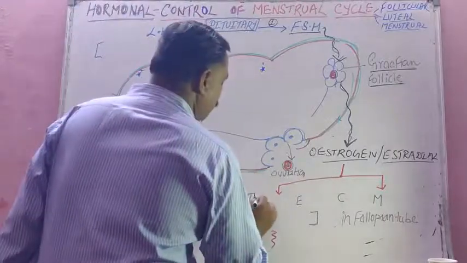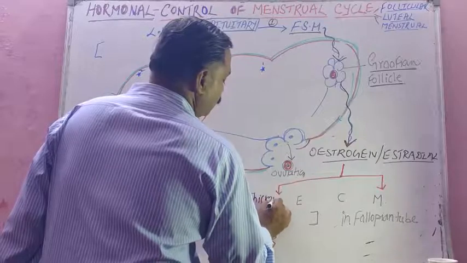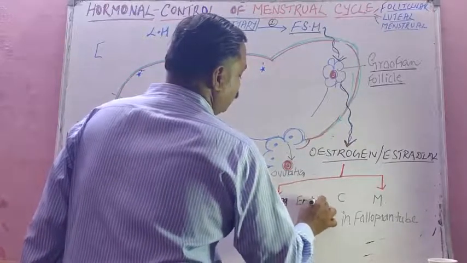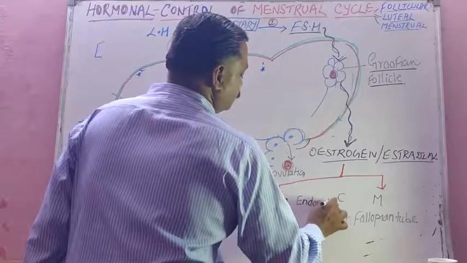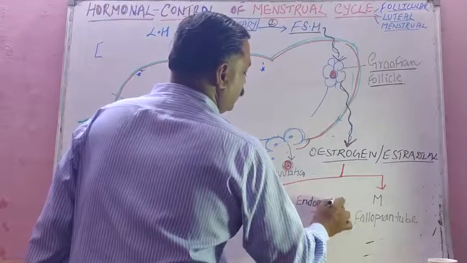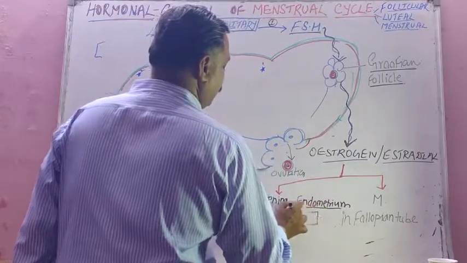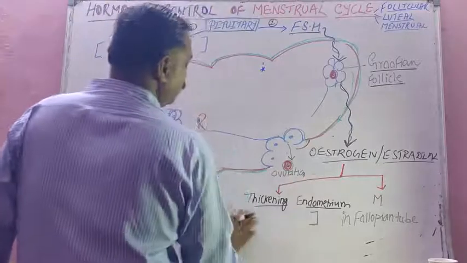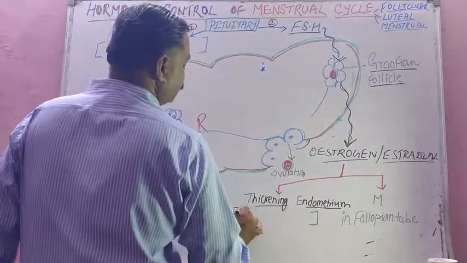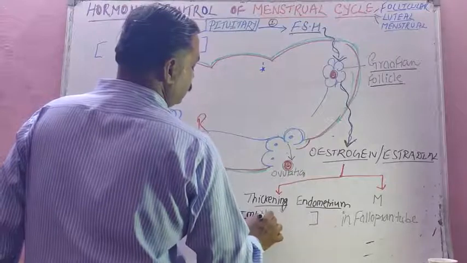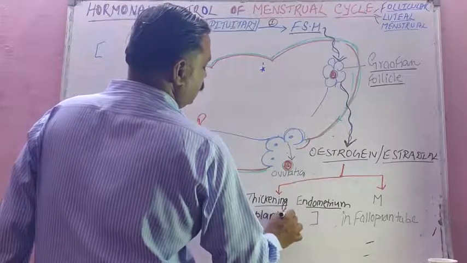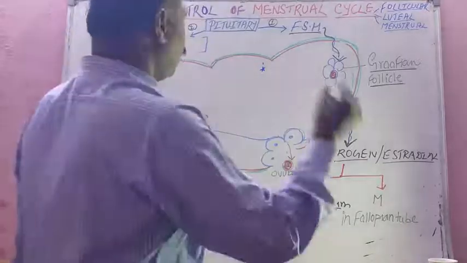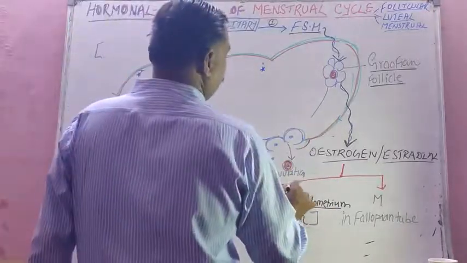It brings about thickening of the endometrium. Students, you know what the endometrium is? The inner lining of the uterine wall or uterus is the endometrium. It brings about thickening of the endometrium, for what? For implantation. This occurs after menarche in females. This is the first function of estrogen.